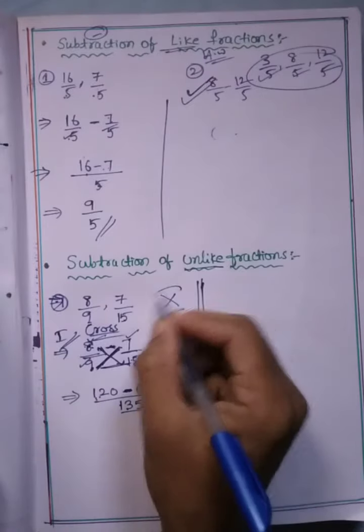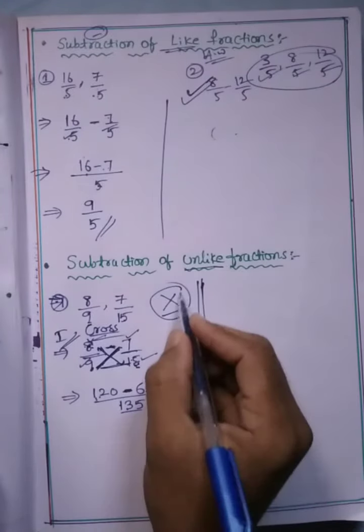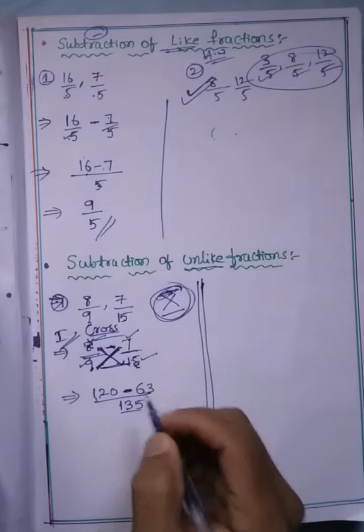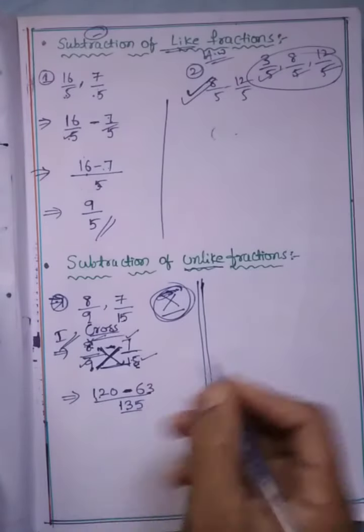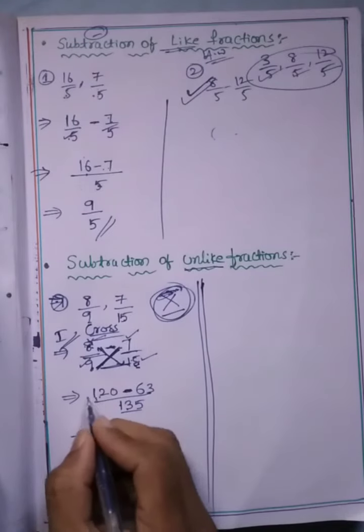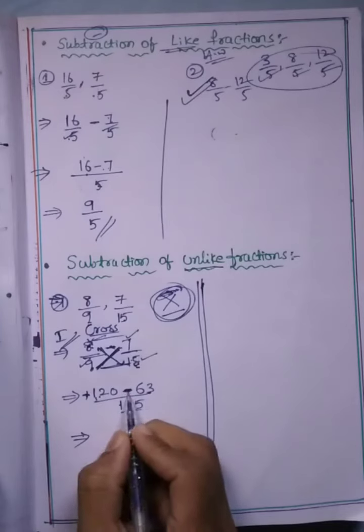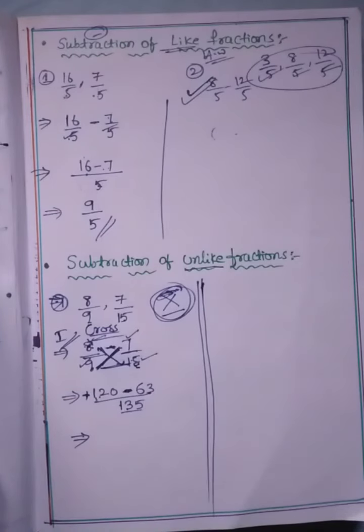It appears on the transformer, so this is the symbol of danger. So whatever it may be, just observe here, if there is no sign, consider plus. Here one plus and one minus is there. What can you do? Do subtraction.